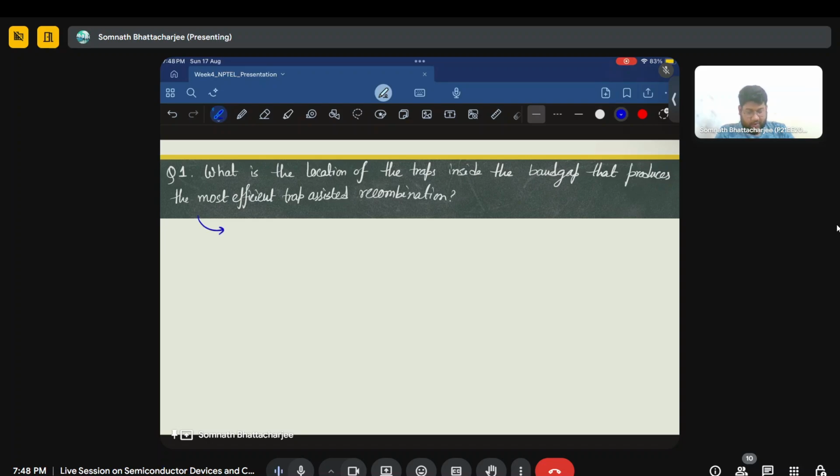I'm giving several options. After solving this question, you also have to explain why you are choosing that, and what's the problem with the other cases as well.